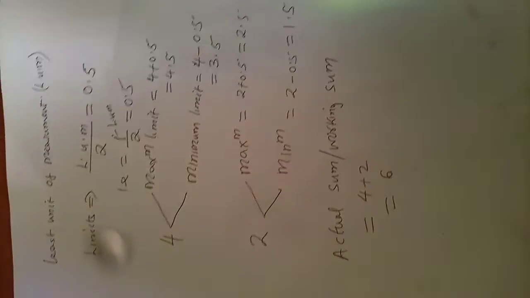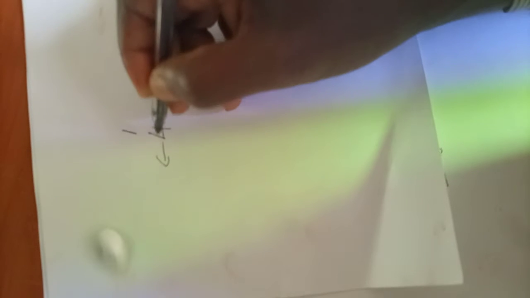This is because 4 must be bounded with the upper limit and also the lower limit. And our least unit of measurement was 1, isn't it? And then we have the two limits, the upper and the lower. So we need to divide this by 2.